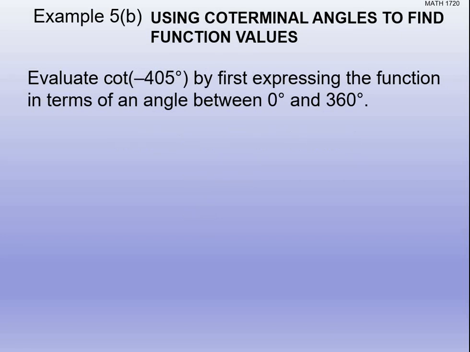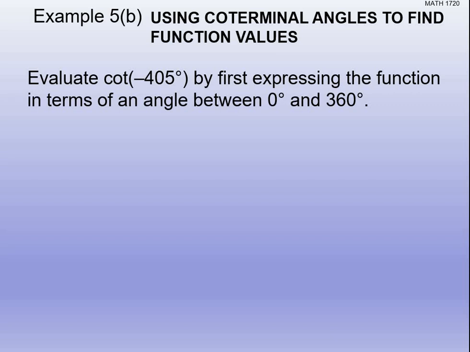Let's take a look at this one. We want to find cotangent of -405. So we have to find its coterminal angle. Now, remember it's a negative angle, so you have to be careful. If you draw it the wrong direction, you end up in the wrong quadrant. Remember the angle's negative, so we're going to start at the x-axis and go clockwise. So we're going to go clockwise 405 degrees.